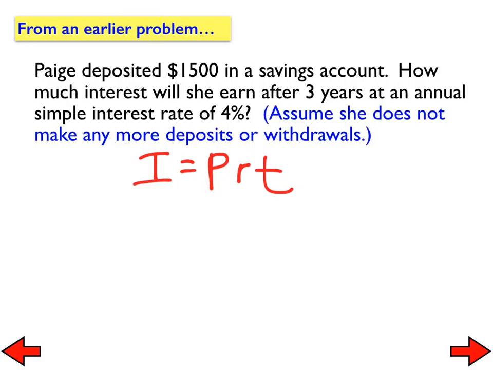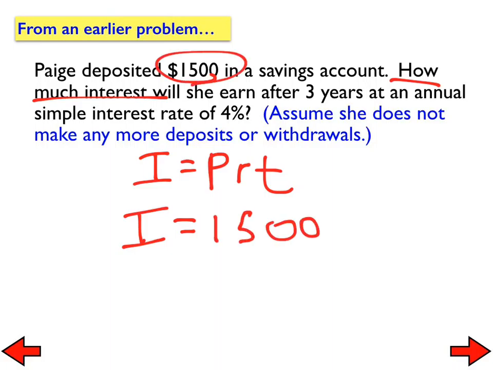No, because that's the question. How much interest will she earn? So we don't know what I is, so we're going to leave that there. Do they tell us the principal? Yeah. What's that? 1,500. Do they tell us the rate? 4%. Can I write 4 there? No, 0.04. Do they tell me how many years? 3 years. So now you can solve for I.